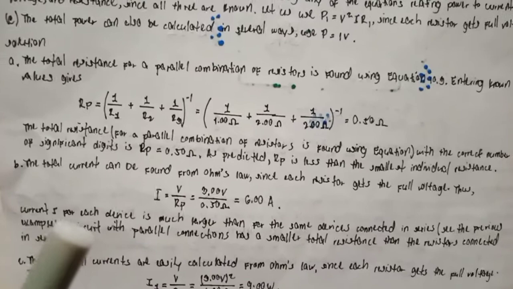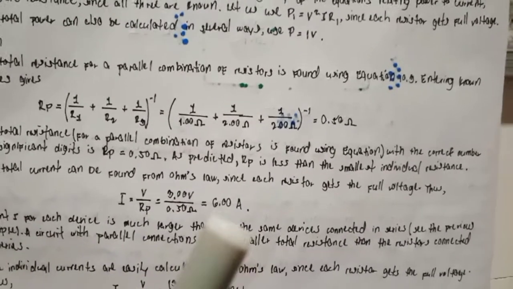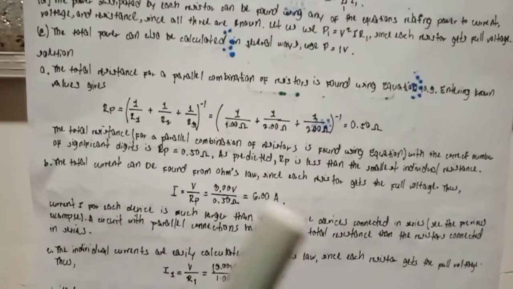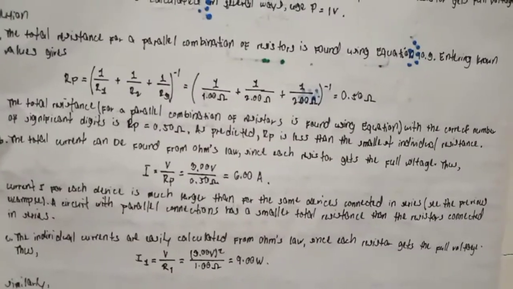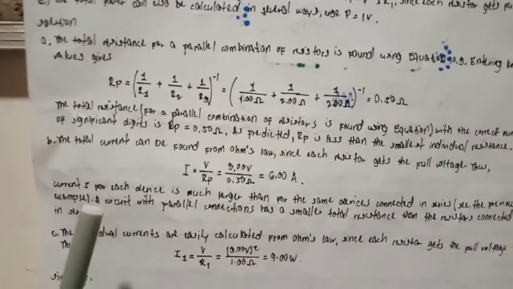Current in each device is much larger than for the same devices connected in series. See the previous example. A circuit with parallel connections has a smaller total resistance than the resistors connected in series.